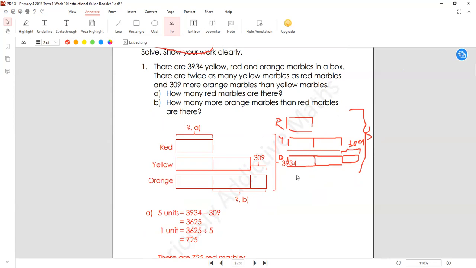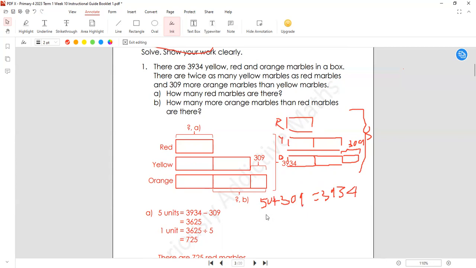Now, what does that mean? It means there are how many units here? 1, 2, 3, 4, 5. So 5 units plus 309 equals 3934.